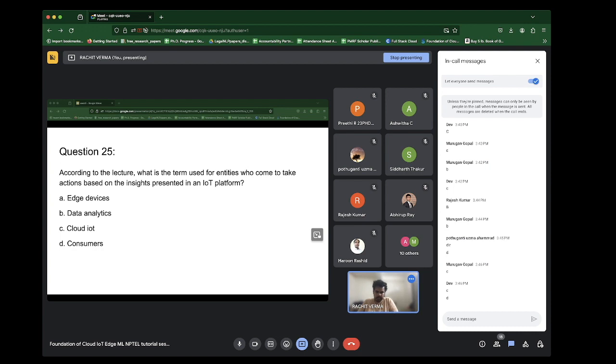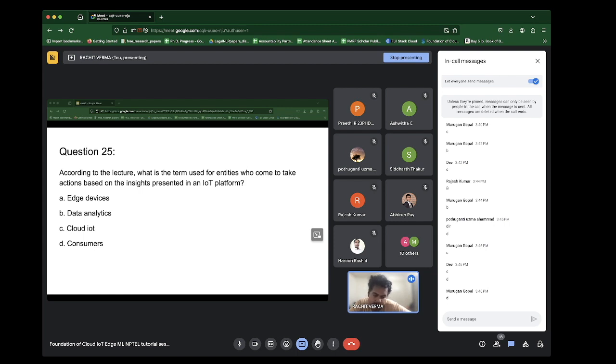Okay, any other? Okay, so C and D. A lot of you are saying D. So yes, D is the correct answer. After the insights have been generated, you now need to perform some kind of action.